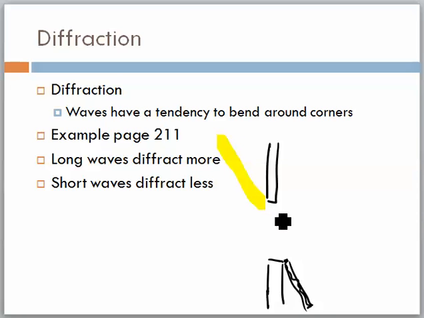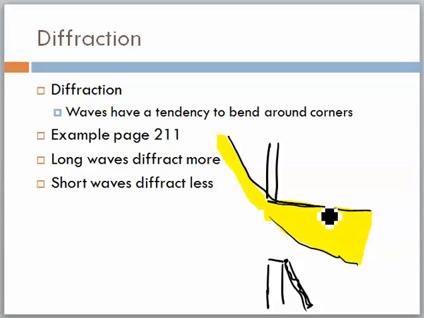The light will start to make a bend around here, and it starts to open. This is diffraction. Notice the width of the beam of light is wider here than what it was here, and this right here is the diffraction process. It's bending, but it's also going to start to open up, and the actual bending part is right here.